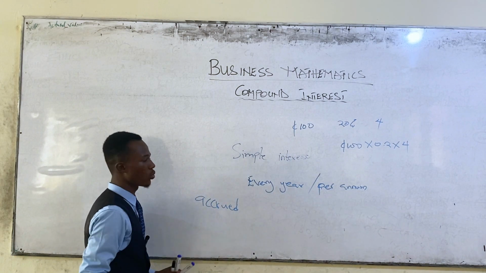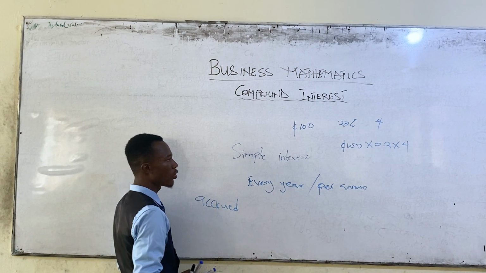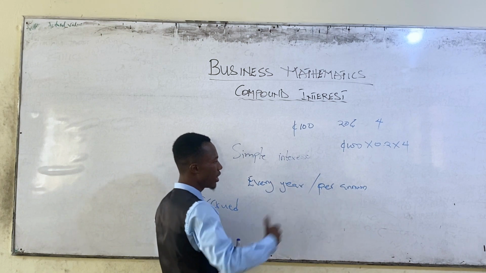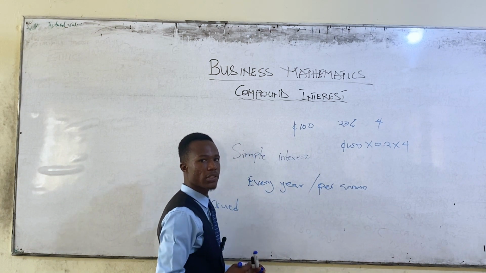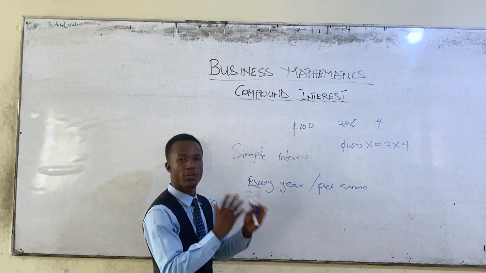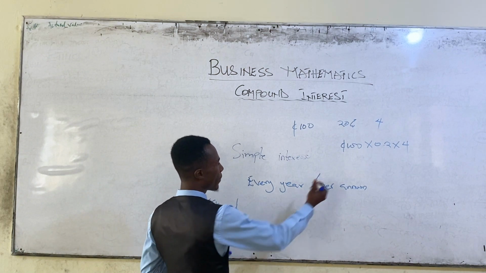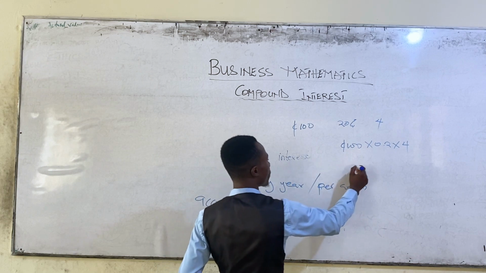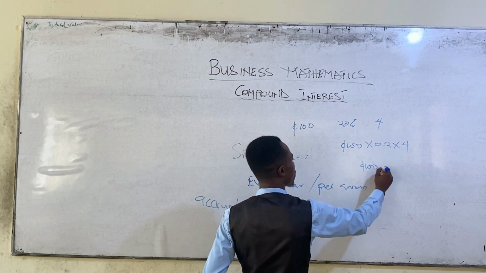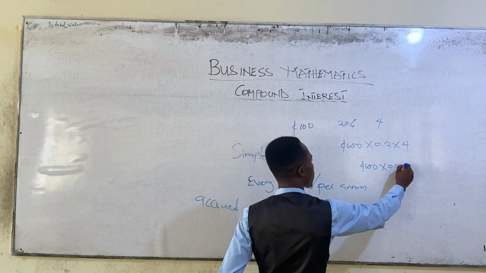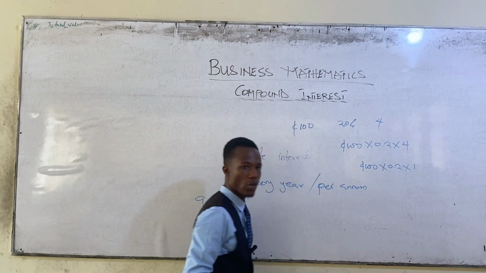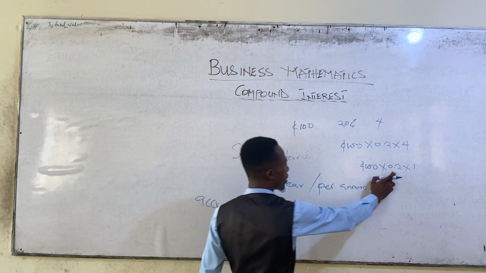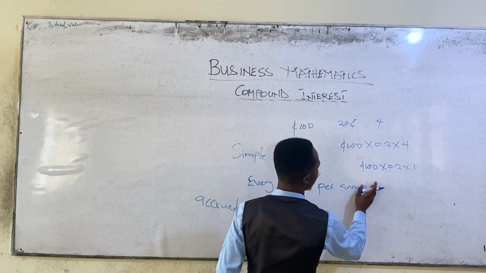But when you come to compound interest, you calculate the interest every year and you add it to the principal to get the amount for the second year. So here, for the same question, the compound interest is going to be 100 multiplying 20% multiplying 1 year.